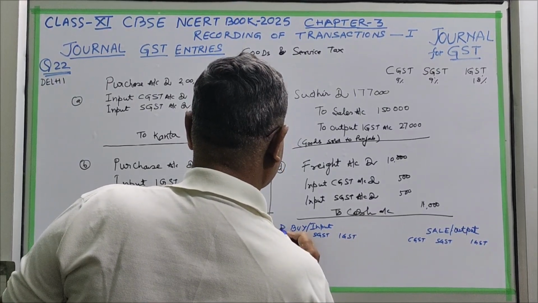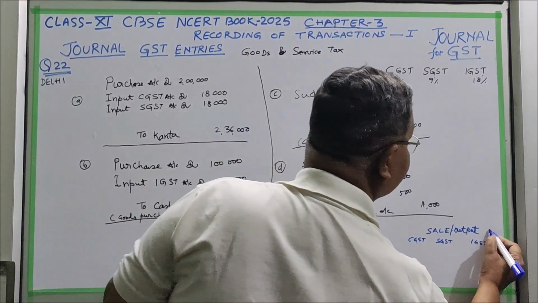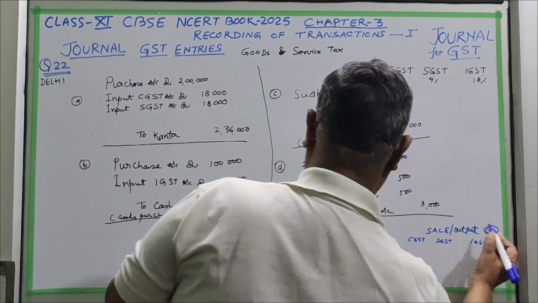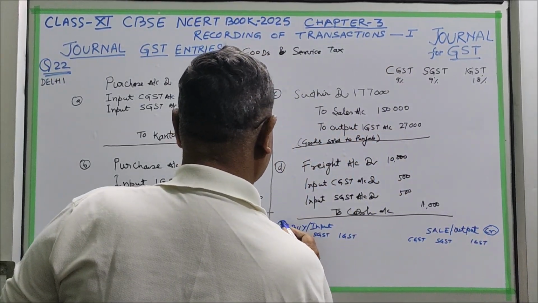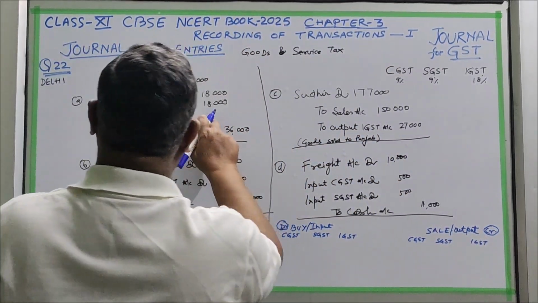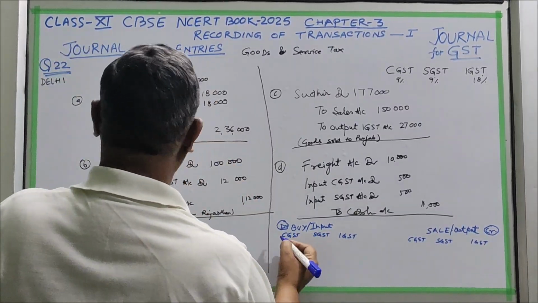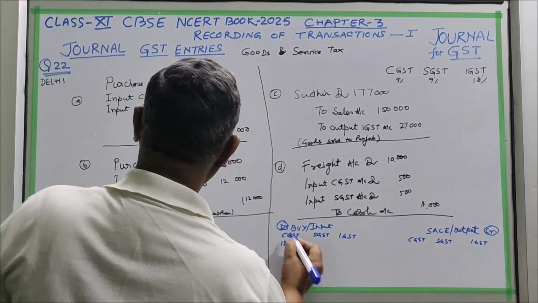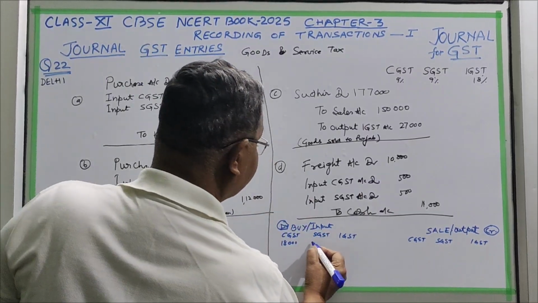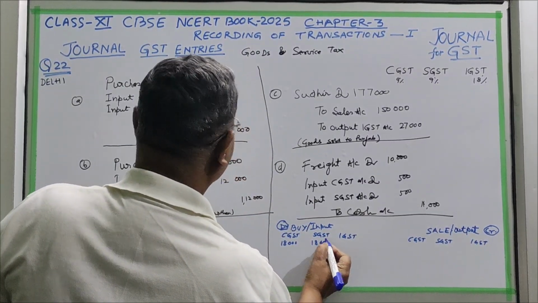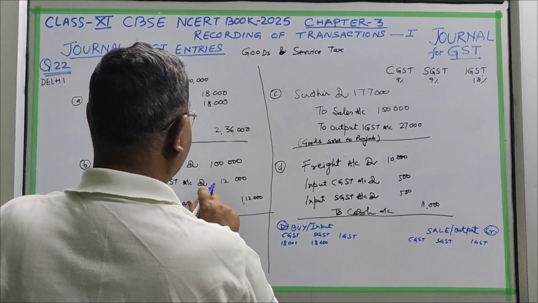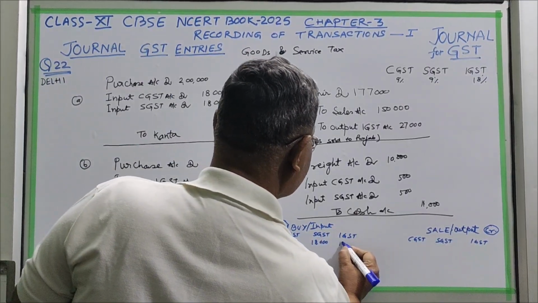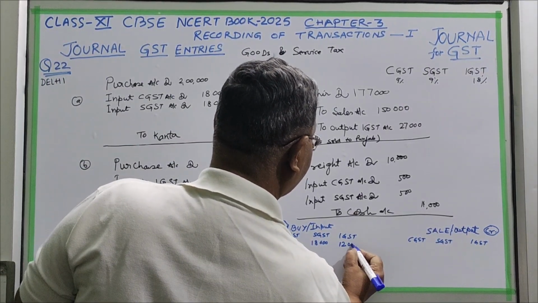Basically, its nature is debit and its nature is credit. So here purchase account debit and input CGST 18,000 and SGST 18,000. So this entry is over. Then input IGST 12,000.